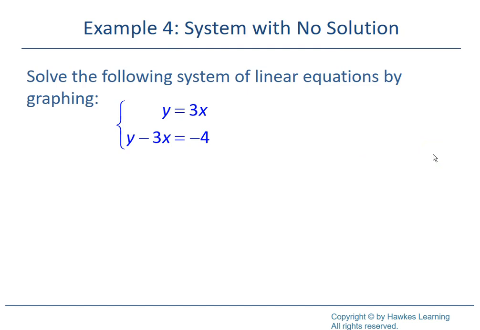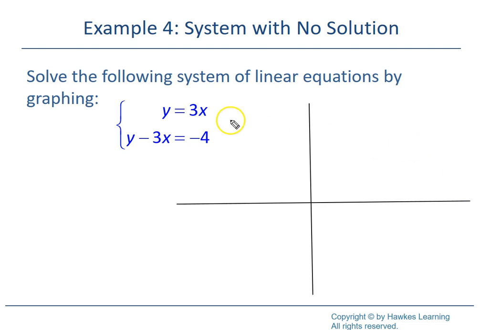Now, we're asked to solve this one by graphing. So again, what technique would you use here? And I'm just going to sketch it initially. Now for the first one, it's 3 over 1 is our slope, and our y-intercept is 0.